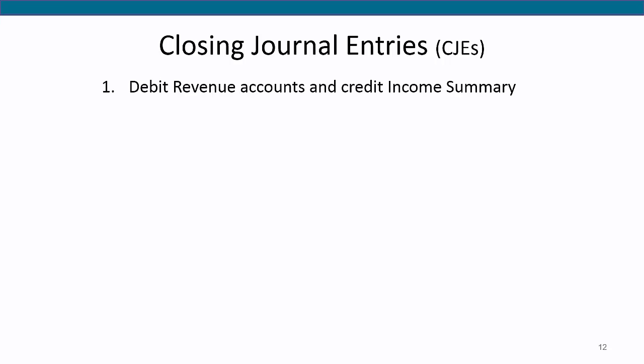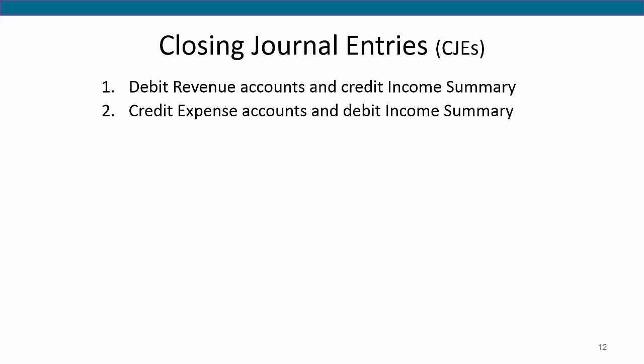Here are the 4 steps we always follow in the closing process. Journal entry 1. Close credit balances in the revenue accounts to income summary by debiting the revenue accounts and crediting the income summary. We will bring accounts with credit balances to 0 by debiting them.